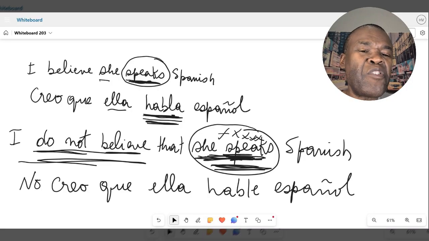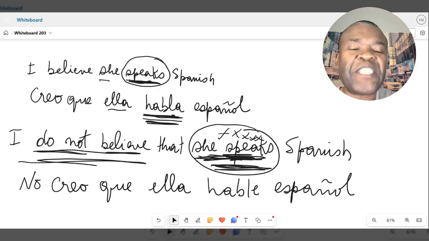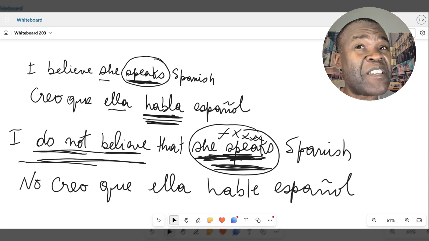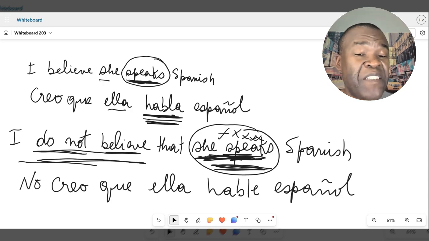Then you can't put it in the indicative in Spanish. It has to go to the subjunctive mood because you are not asserting that she speaks. You have doubt over the fact that she speaks. What you don't believe is she speaks. That's what you don't believe.